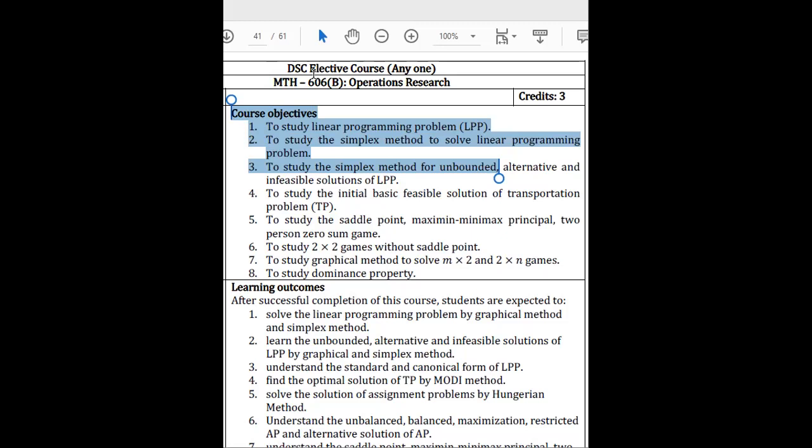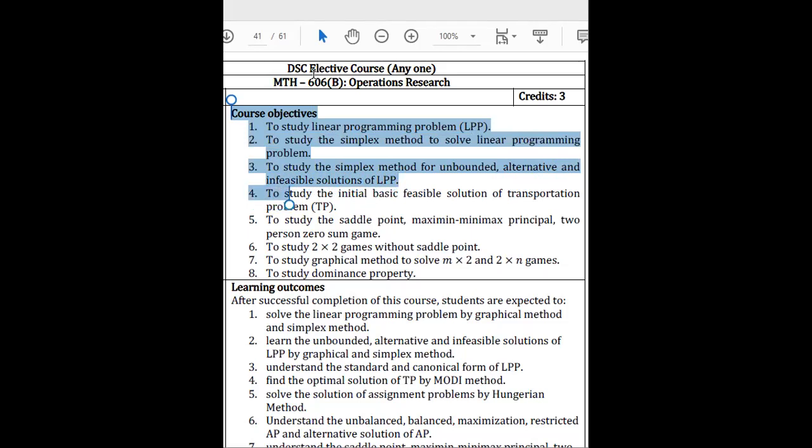We say that it is an unbounded solution when a certain variable can take any value. Then alternative solution, that is the problem has more than one solution with the same optimum cost. Infeasible solution, that means the solution does not exist.